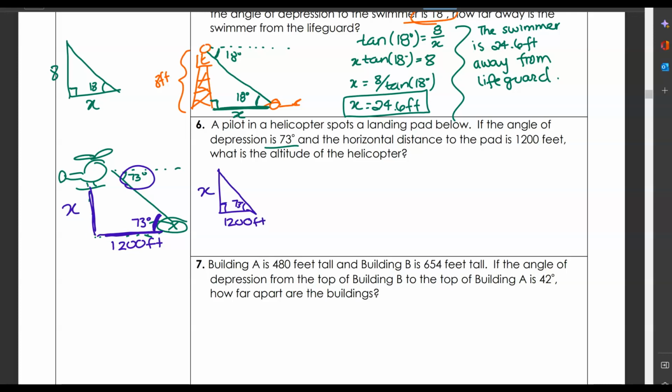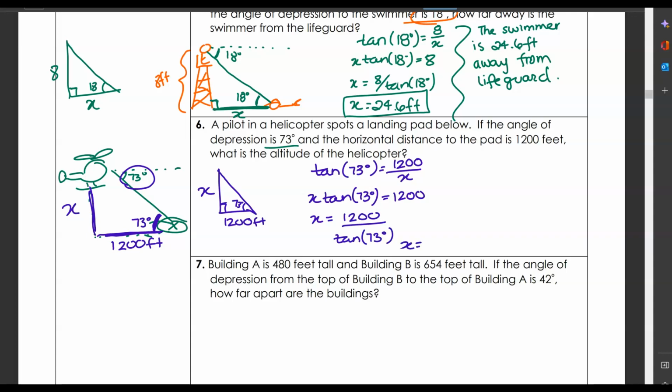So then looking at it this way, I figure out that the best trig function for me to use is going to be tangent again. So I'm going to take the tangent of 73 degrees is equal to 1,200 over x. Let's go ahead and multiply x on both sides. And then I'm going to divide by tangent. And so I get 1,200 over tangent 73 degrees.